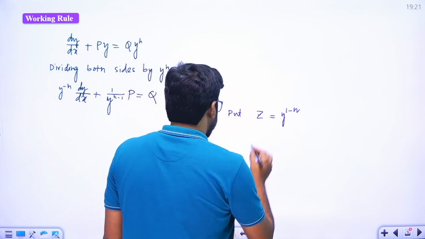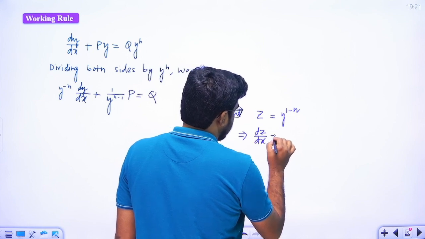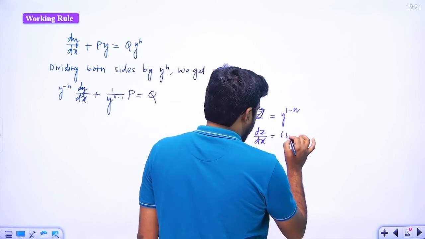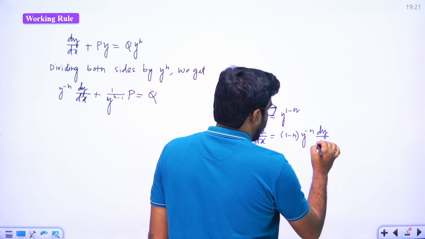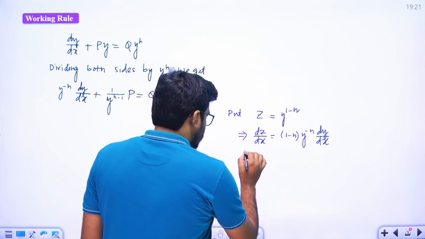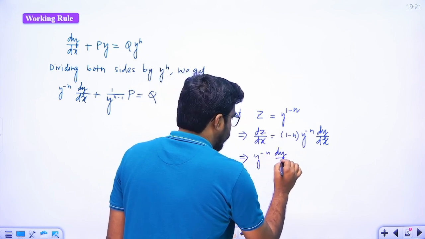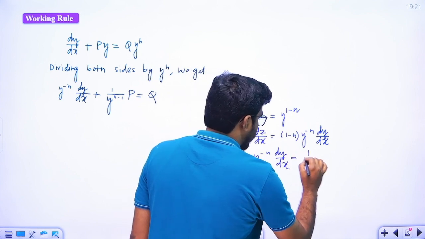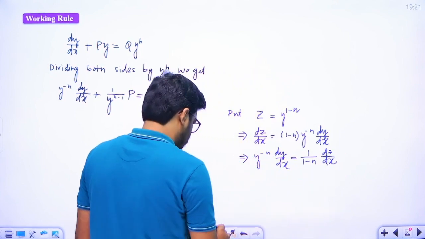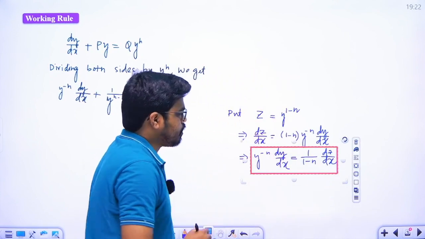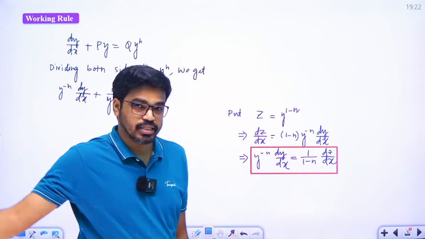So differentiate this, what do we get? dz/dx equals 1 minus n into y to the power minus n dy/dx.